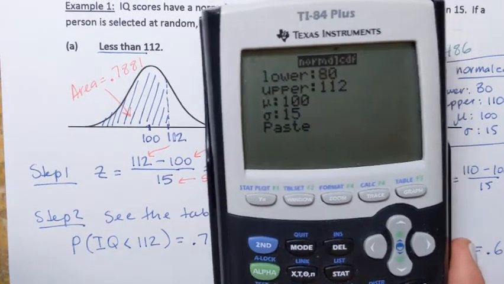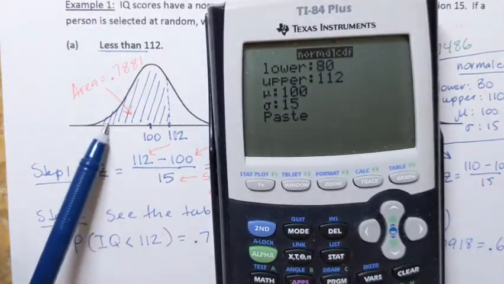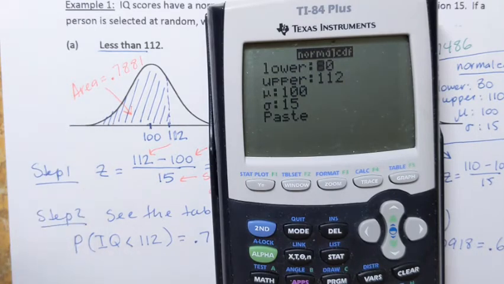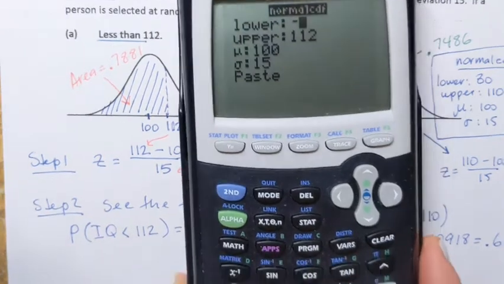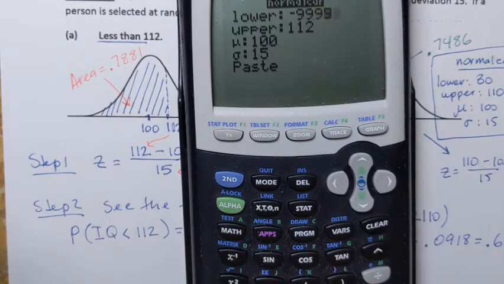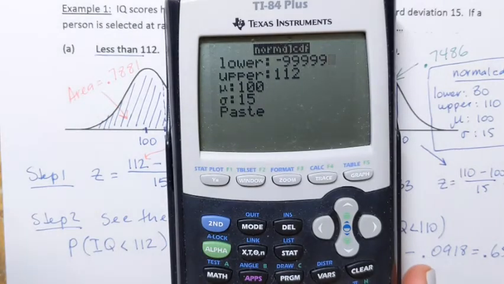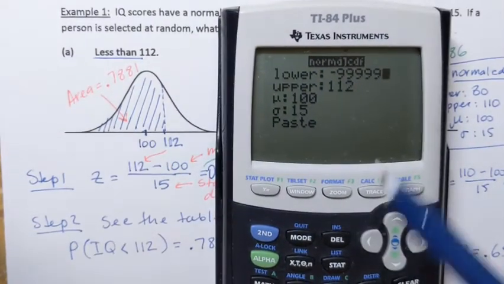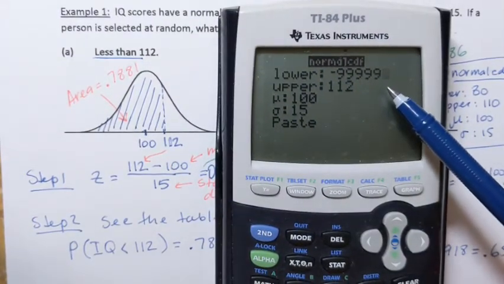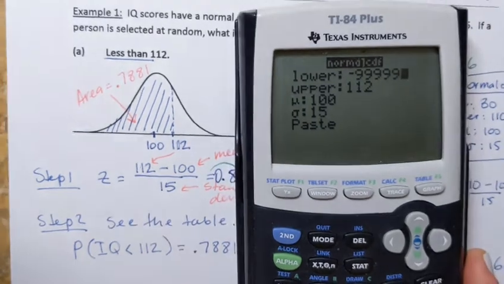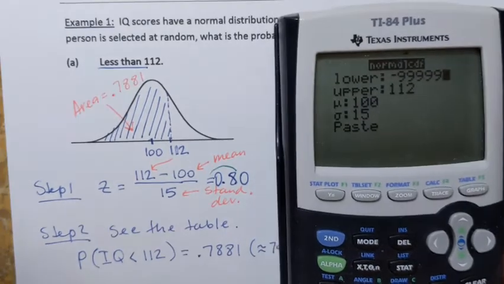So what I usually do, if I have to create a boundary on the left-hand side, the lower boundary, I usually use negative 99999, like 5 nines with a negative sign. So it's negative 99,999. That's something very far from where I am, and that's a pretty safe number to use. So that's what I'm going to enter here, and the rest is the same, right? That's the same mean, same standard deviation.